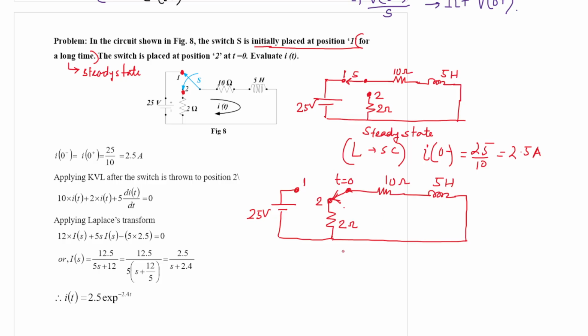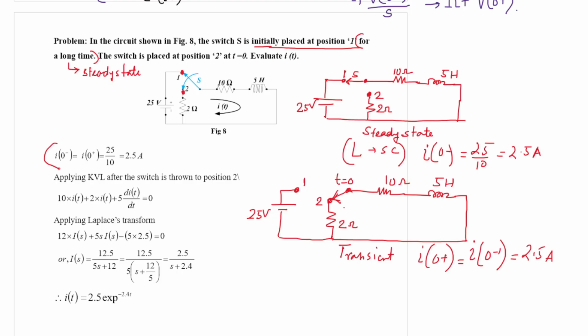Since the switching has been done, the circuit attains a transient state. Since the current flowing through the inductor does not change instantaneously, we straight away write i(0+) equal to i(0-), which is 2.5 ampere.